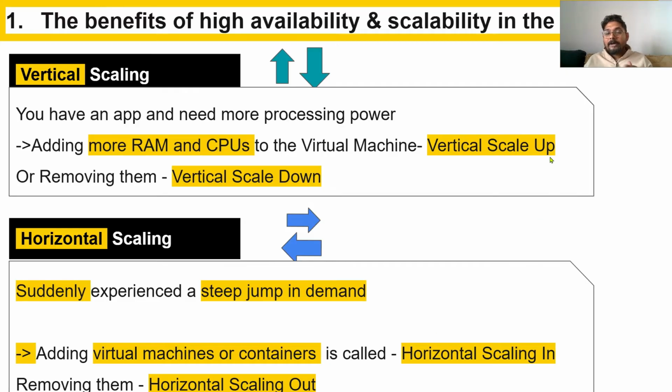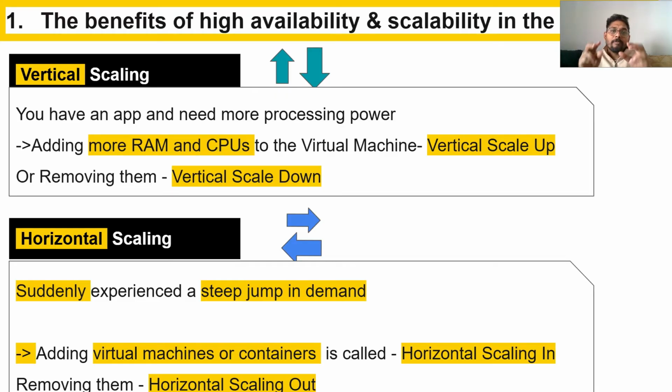So there you saw going up and down: vertical scale up, vertical scale down. Here, horizontal scaling in, horizontal scaling out. The only difference, in layman's terms: imagine there is a virtual machine I'm using. I'm adding more RAM, more CPU or any component, let's say more hard drive.